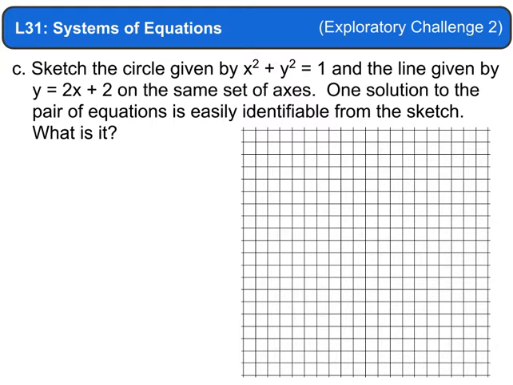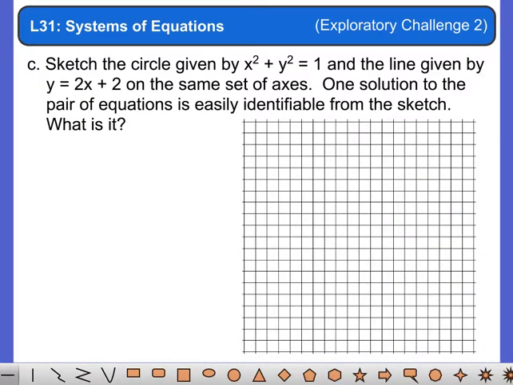So now let's take a look at this. They say, sketch the circle given x squared plus y squared equals 1. So we're going to talk about what that looks like, how you can sketch that.